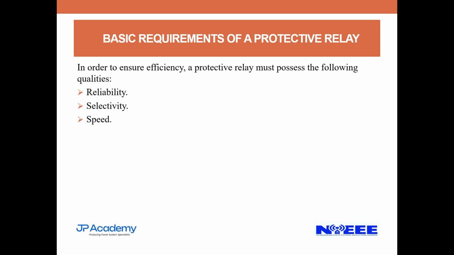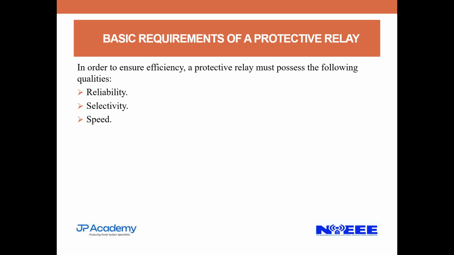But then, when a fault is introduced, it should also not be too fast, because if it is too fast, it may result in an undesired operation, such as the relay in the healthy part issuing a trip command before the relay in the unhealthy part. So this is going to increase loss of selectivity if the relay speed is too fast.